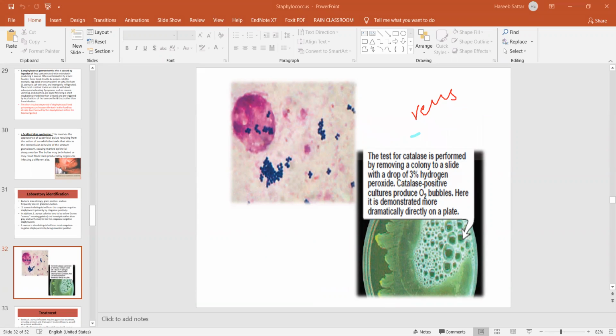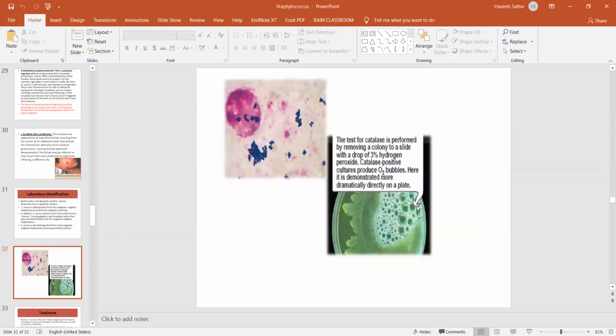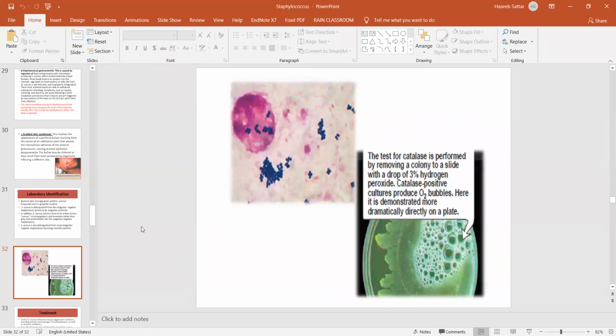This is also a confirmatory test, because not all bacteria can ferment mannitol. So this bacteria is mannitol positive, because it can ferment mannitol.